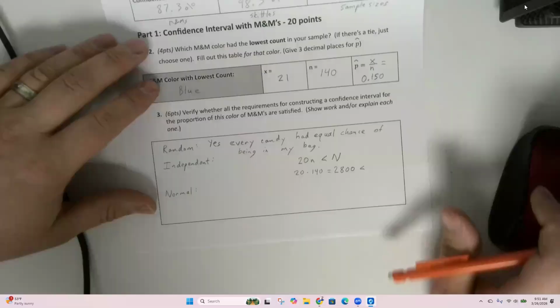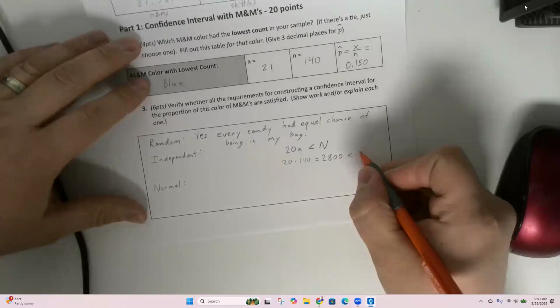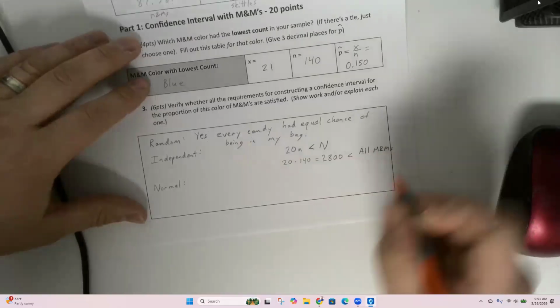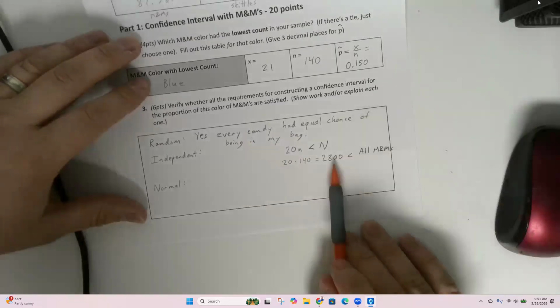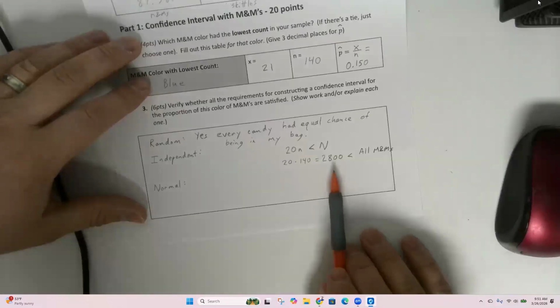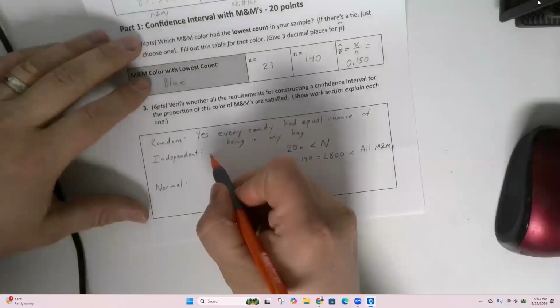And I need to check that that is less than all M&Ms in the world. So let me ask this: are there more than 2,800 M&Ms in the world? Yeah, there's way more, right? So this is for sure yes.